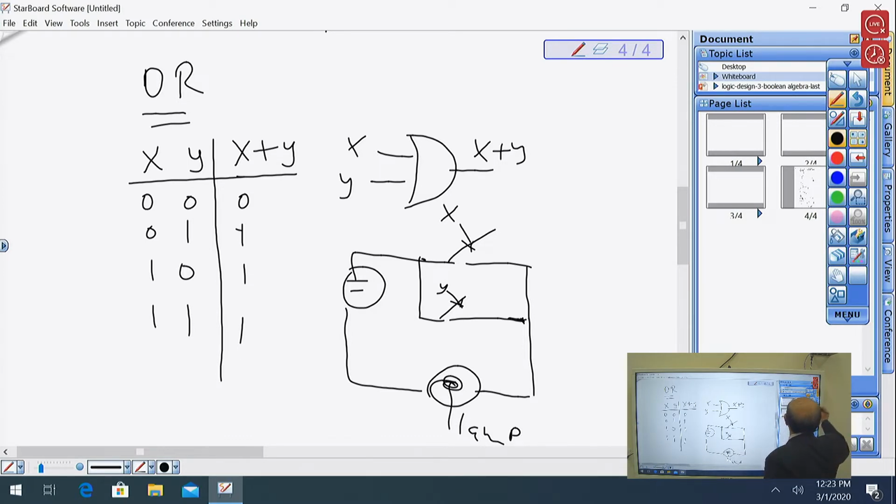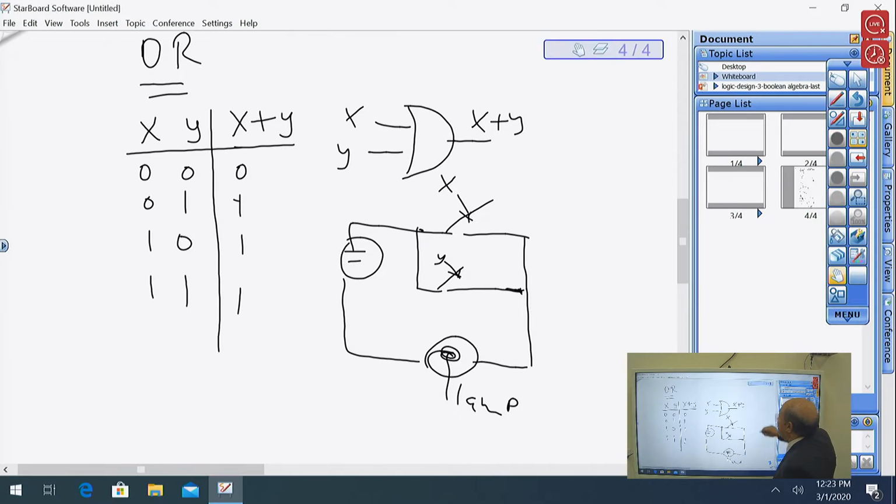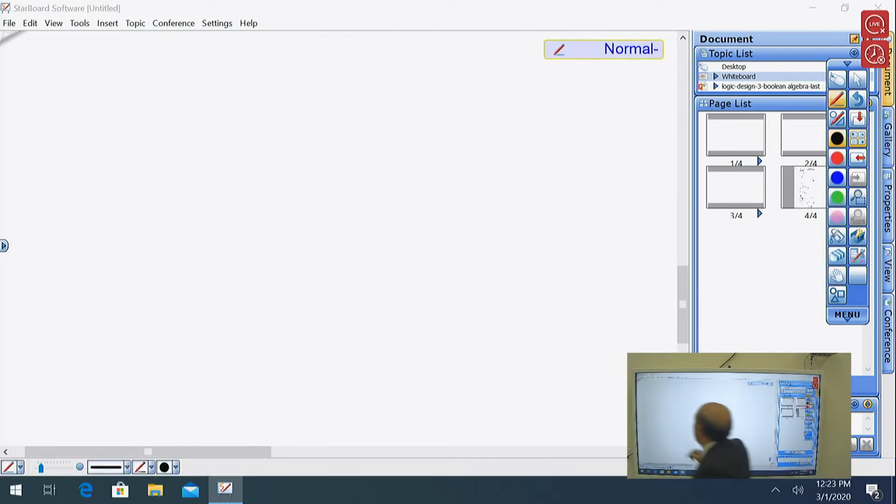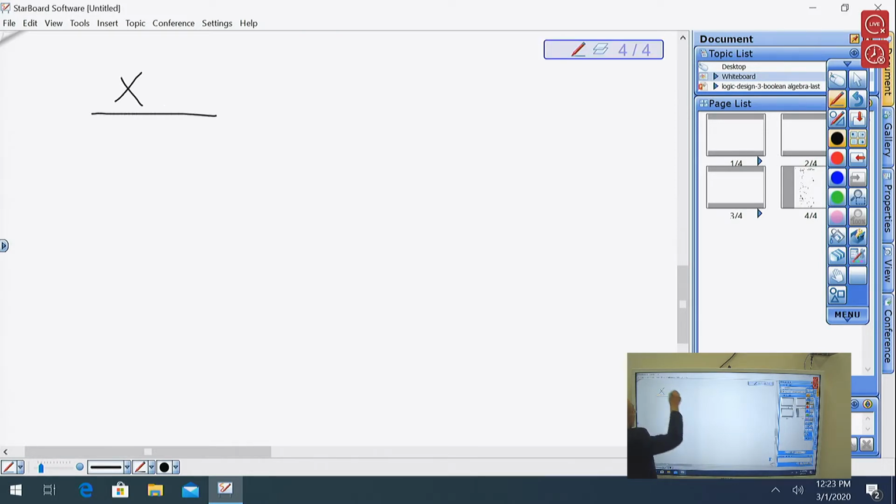And next, the last basic logical operation is the NOT. Here we have only 2 states: not X, if X equals 0, not X is 1, and here 0.